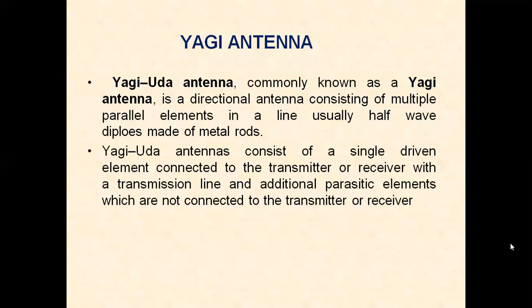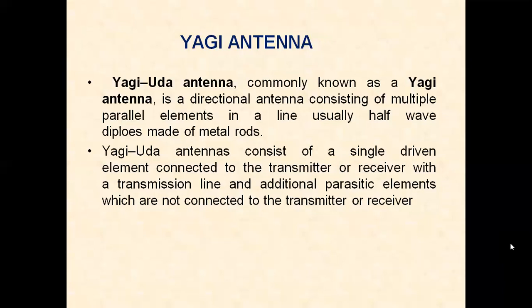So we have the driven element. It is connected to the television receiver. The signal is picked up at the driven element. The reflector provides gain towards the driven element. The director also provides gain toward the driven element.